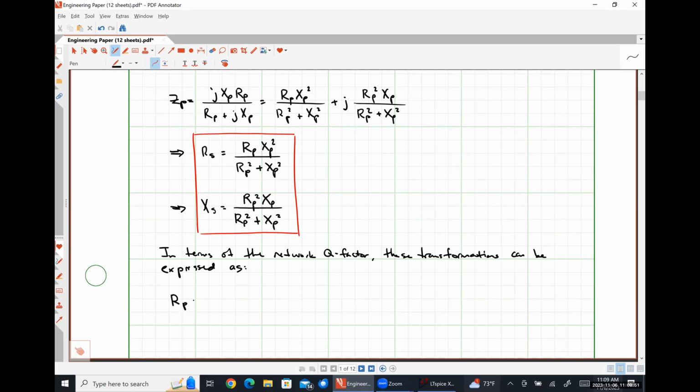Let's start with our first transformation: R_P is equal to R_S squared plus X_S squared over R_S. So what I'm going to do is effectively pull out a factor of R_S. This is going to look maybe a little odd, but hopefully it makes sense. I multiply through by R_S, and that's going to give me an R_S squared in my denominator. And then I have R_S squared plus X_S squared, like so. Algebra okay there?